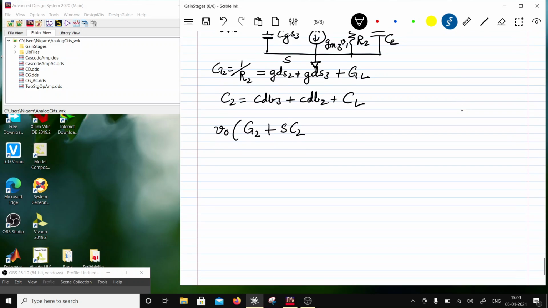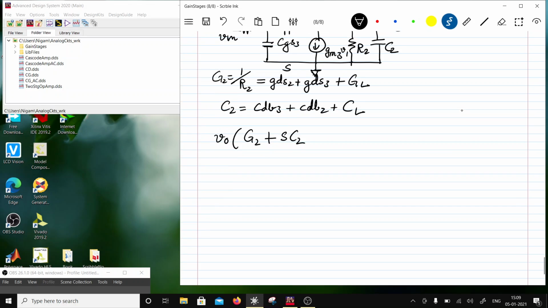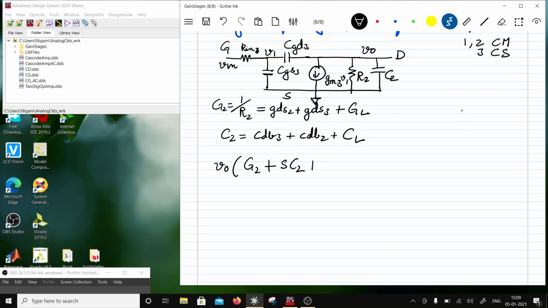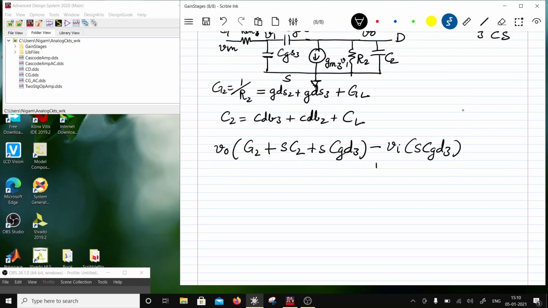And then there is another one, which is SCGD3. Okay, this is what is connected to the VO node. Then minus the adjoining node voltage Vi times SCGD3, right? Then you have to account for the currents, right? The currents which are flowing out are considered positive, right? So I'm going to have Vi times Gm3. This should be equal to 0.